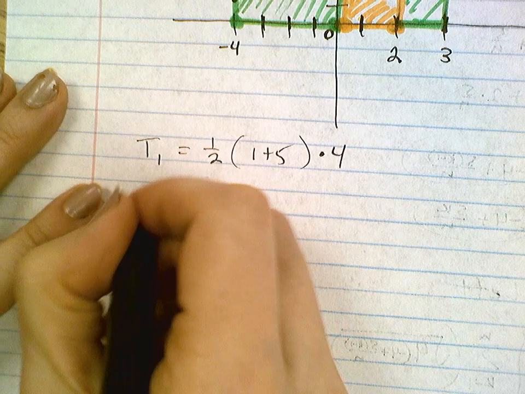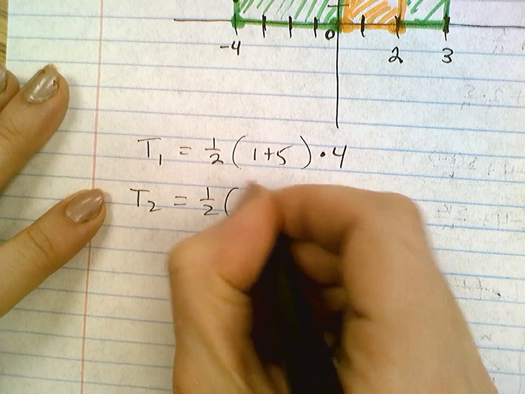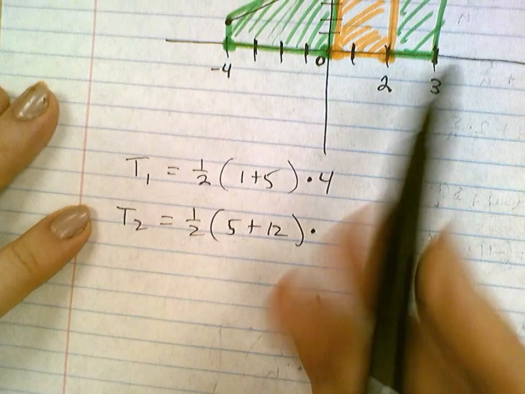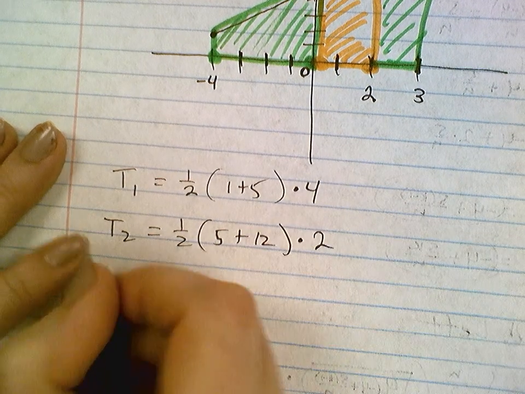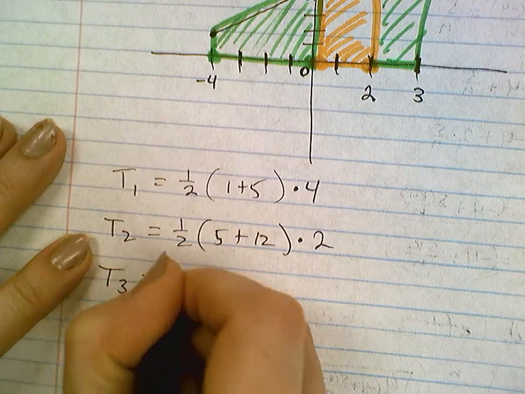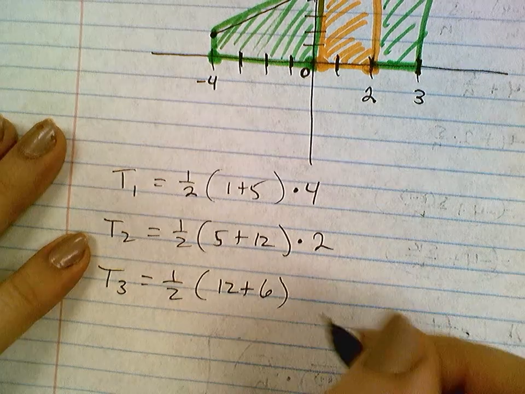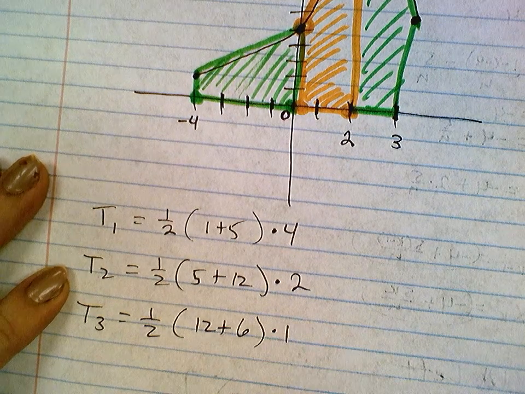Okay, second trapezoid, T2 is 1/2 times 5 plus 12 times, this is the height this time, is 2. Trapezoid 3 is 1/2 times 12 plus 6, and this height is 1.